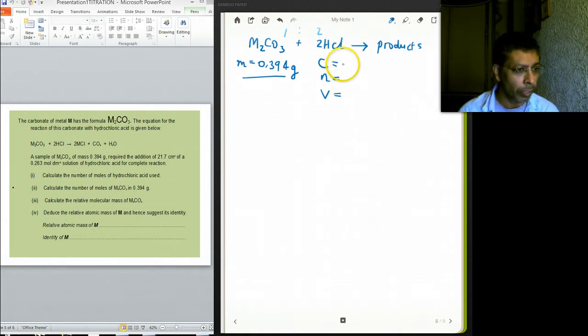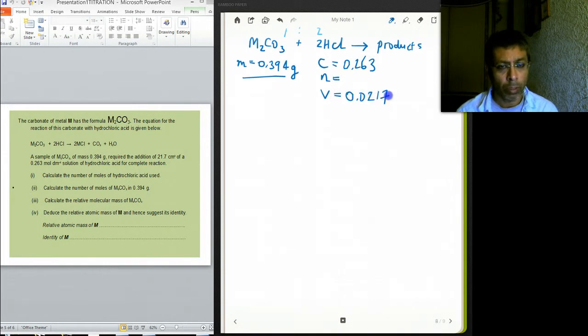Concentration of hydrochloric acid 0.263 moles per decimeters cubed. Number of moles we don't know. The volume we do know, 21.7. Let's change that to decimeters cubed. There we are. And as before in our normal rules, we know we can work out the number of moles.